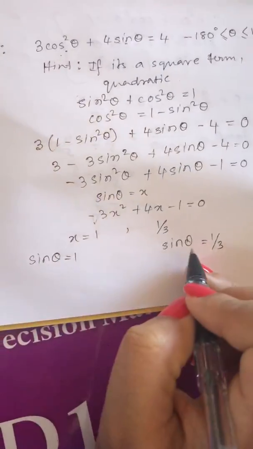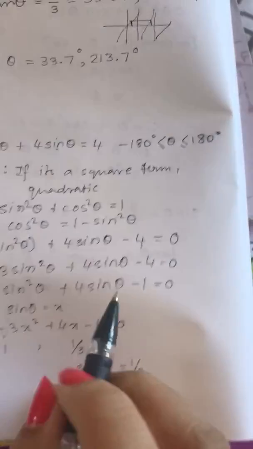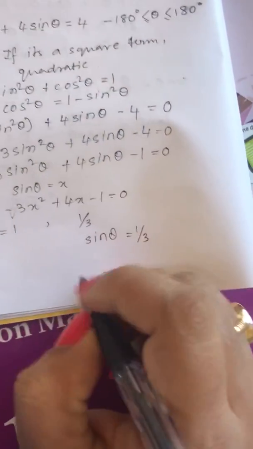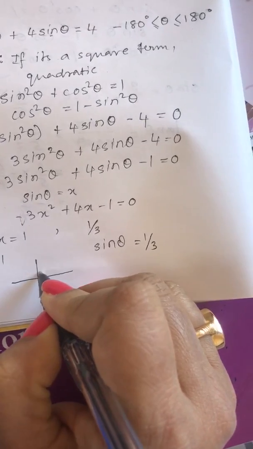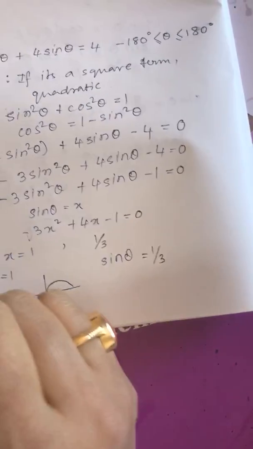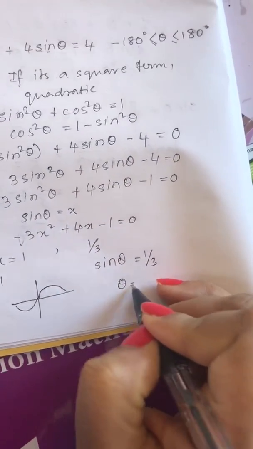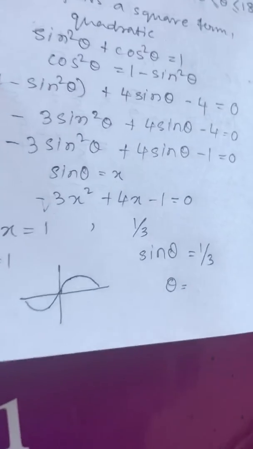So what you have to do now is solve for them between minus 180 and 180. So just draw. Find the inverse sine of 1, find the inverse sine of a third, and finish your equation.